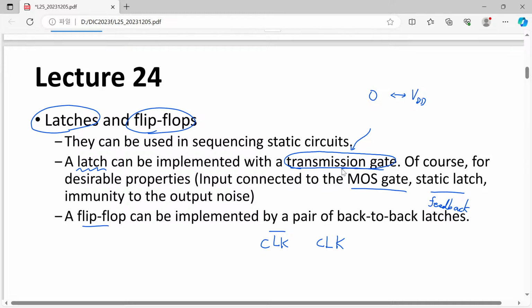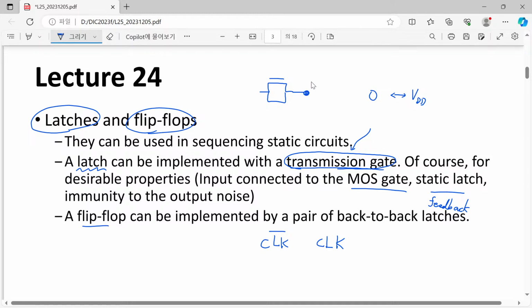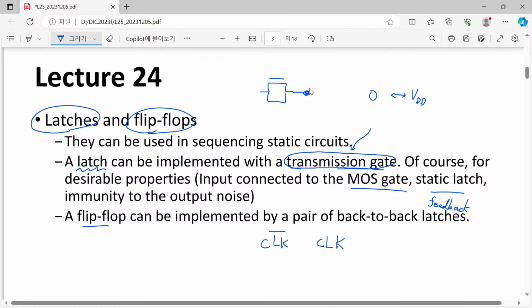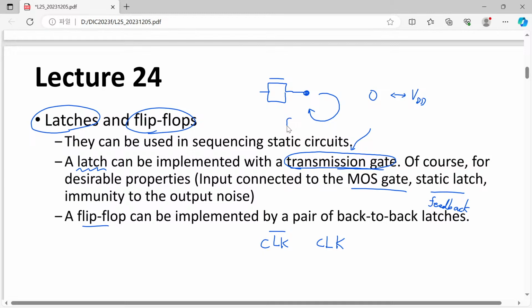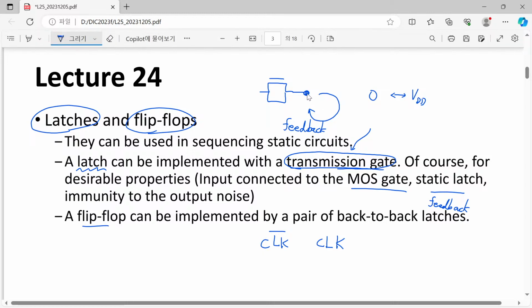Simply speaking, when we have a certain output state, if it is not supplemented by a feedback loop, then without this feedback loop, eventually the leakage will destroy the state stored in this part.